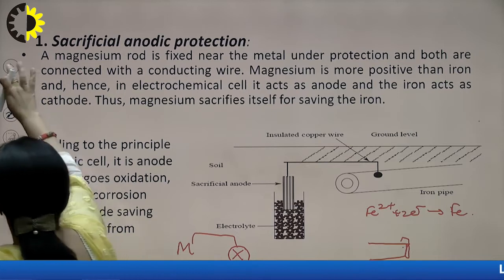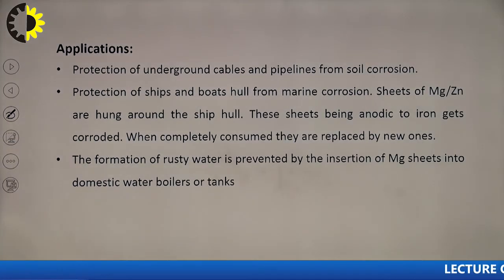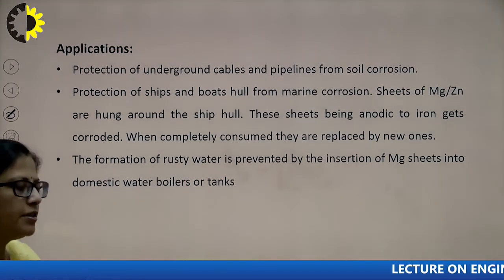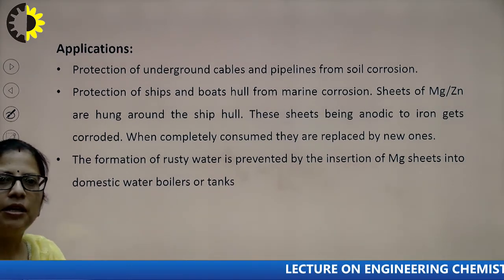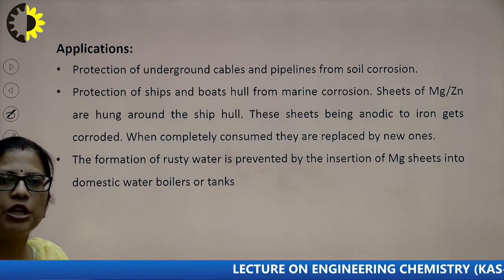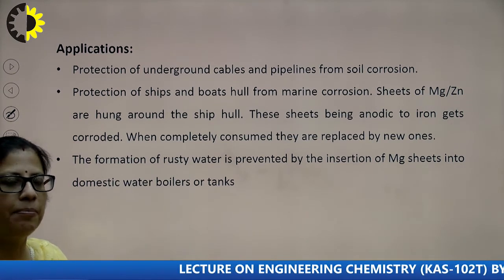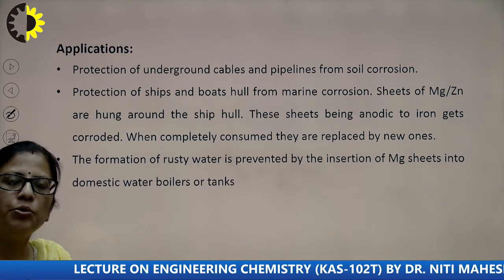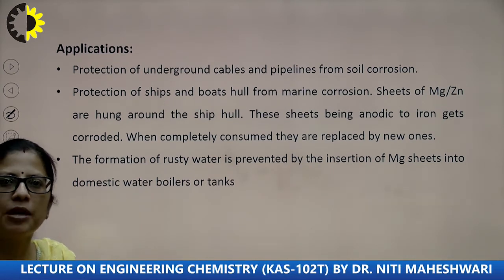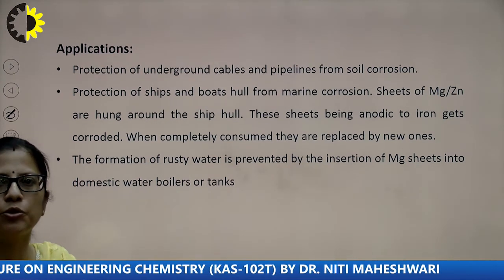Next, here are the applications of sacrificial anodic protection. Now, this method is used for the protection of underground cables and pipelines from soil corrosion. It is also used for the protection of ships and boats hull from marine corrosion.